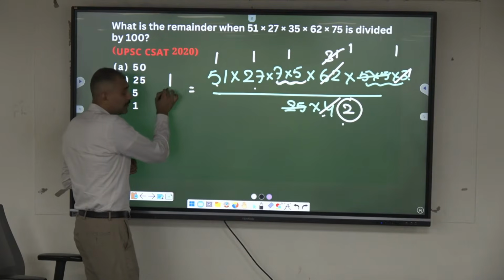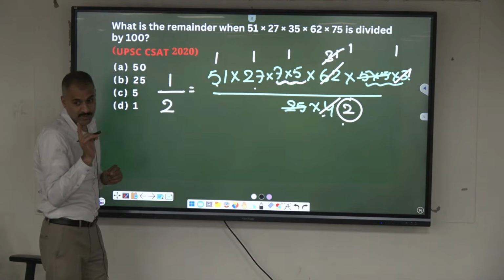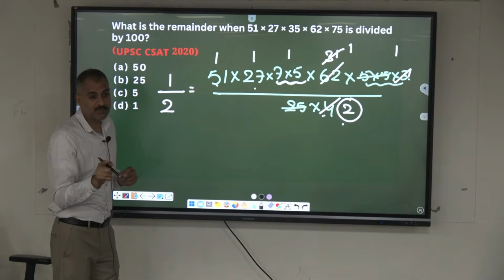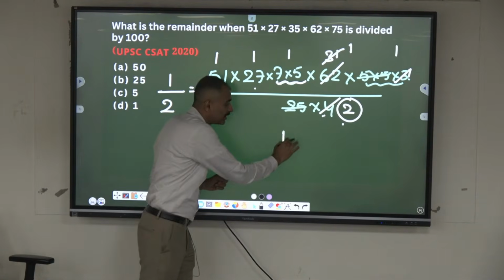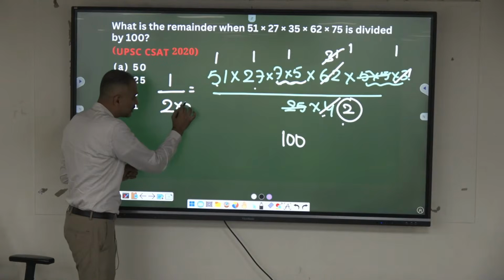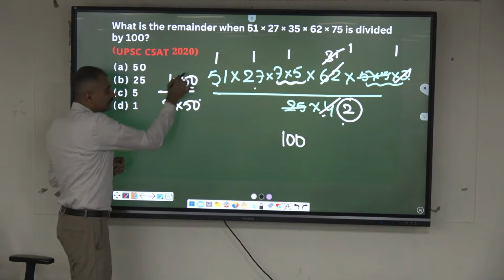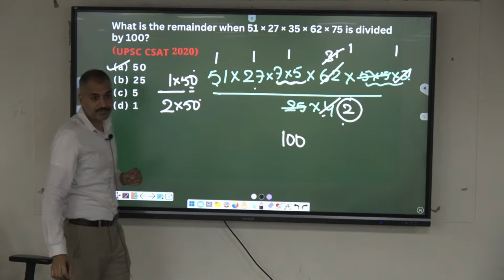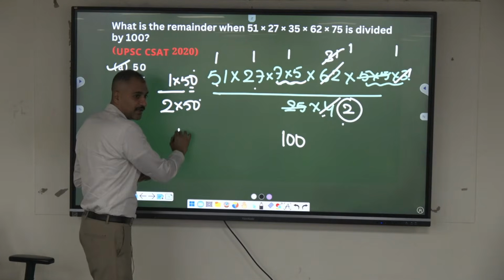The remainder is 1 when I am dividing by 2. But basically we divided it by what? 100. If I divide by 50 times the divisor, the remainder also should be 50 times of it. So what has to be the remainder? Remember modularity?